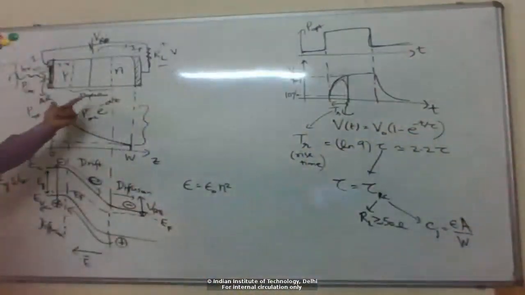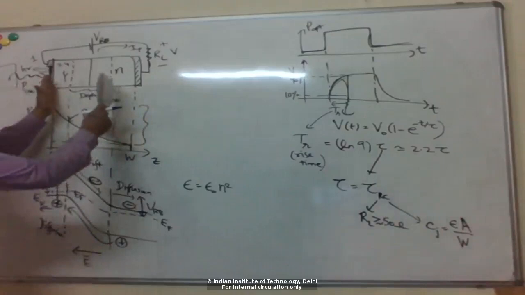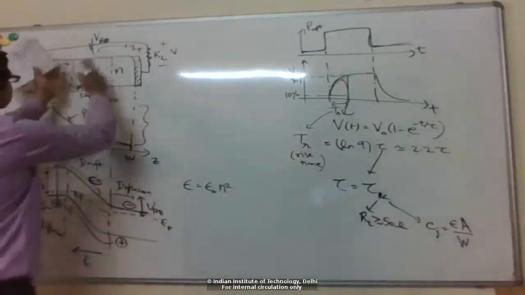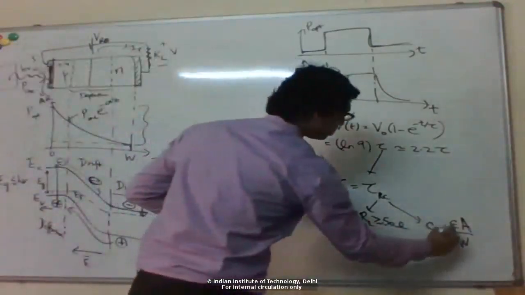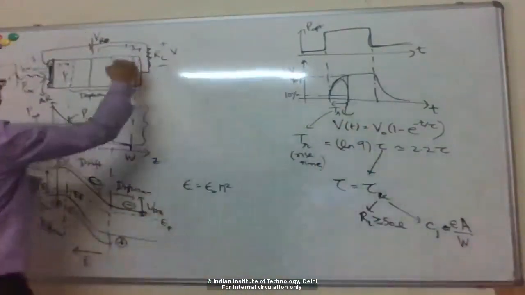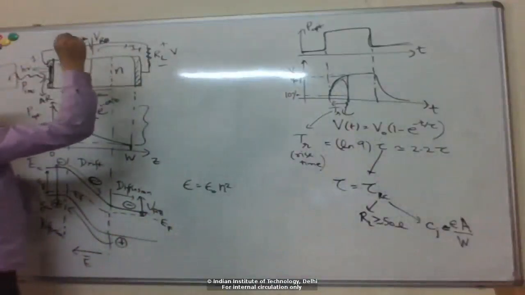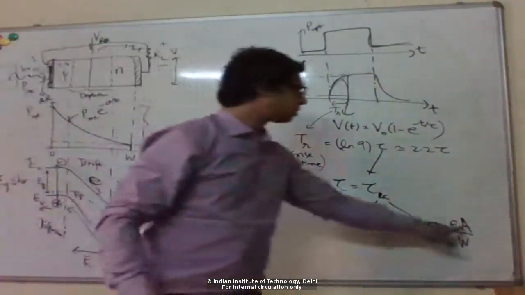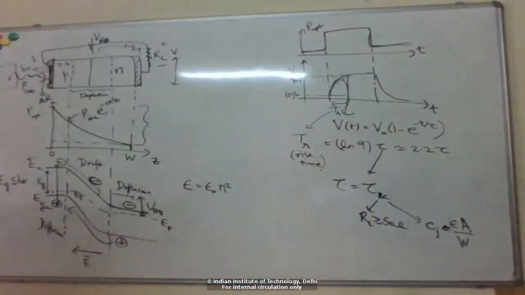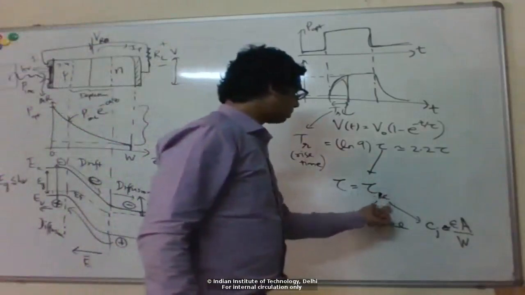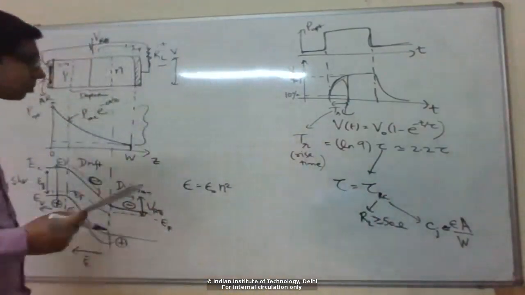If we say that the depletion region width is almost the full device width, then we can roughly replace the distance between the plates with W. And A depends on the dimensions of the device, so the thickness into the board and this length here, the product of that. Okay, so that's the time constant coming from this RC circuit.